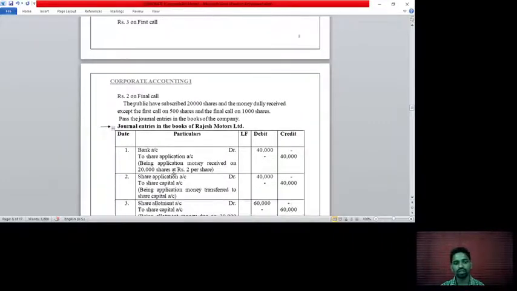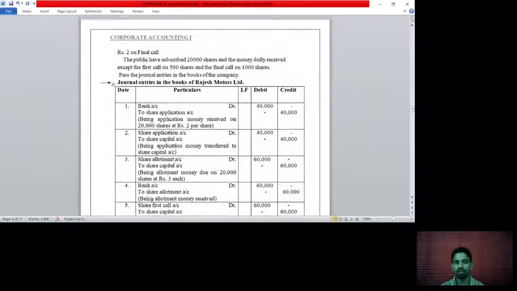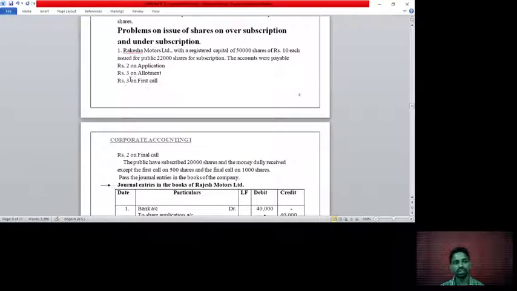Next, this money is transferred to the share capital account. Share application account debit rupees 40,000 to share capital account credit rupees 40,000, being application money transferred to share capital account. Next is rupees 3 on allotment.